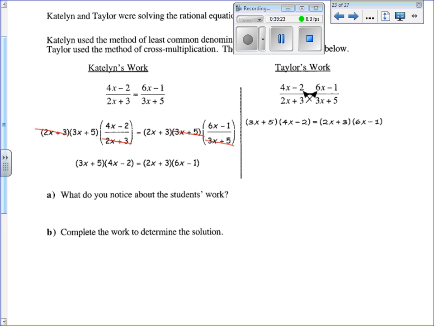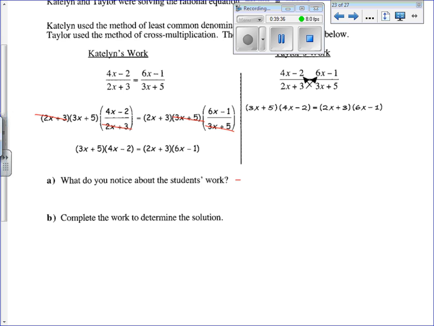So both methods get you to the same spot. So if you don't like cross multiplication, use the lowest common denominator one. If you don't like lowest common denominator, find a way to use cross multiplication. So they arrive at the same step. So both methods work, is the other way of saying that.